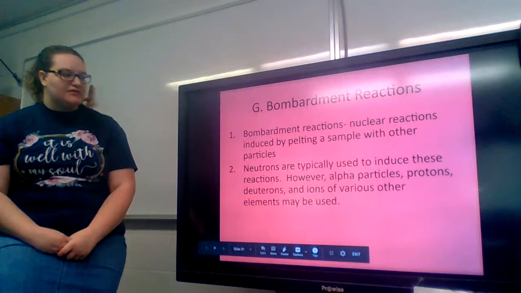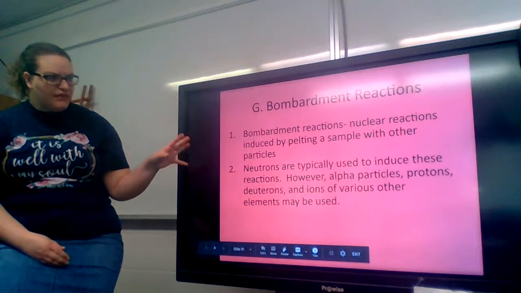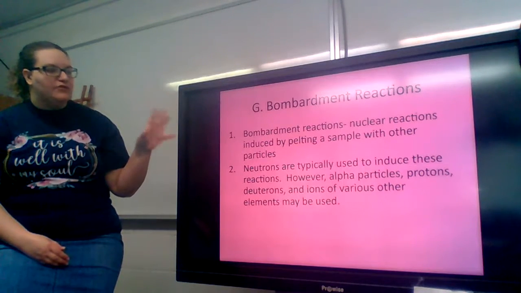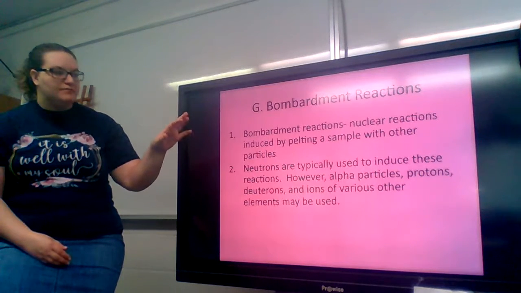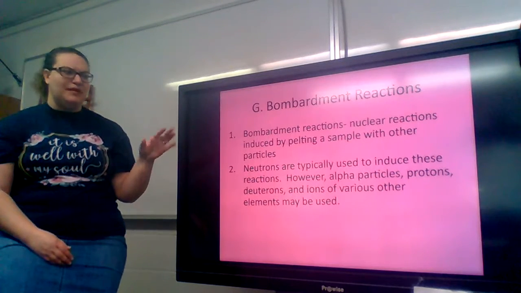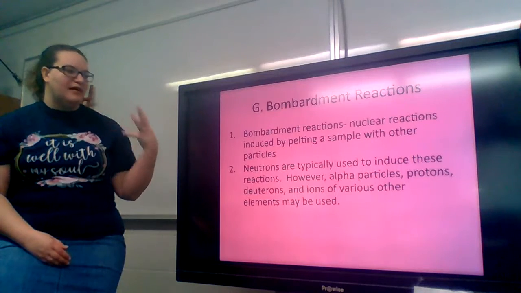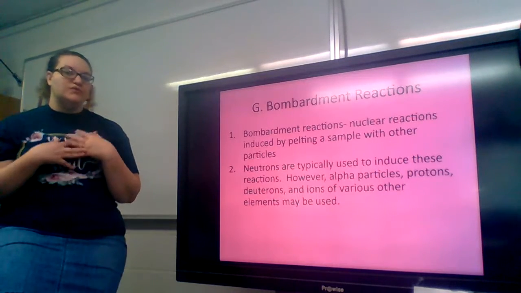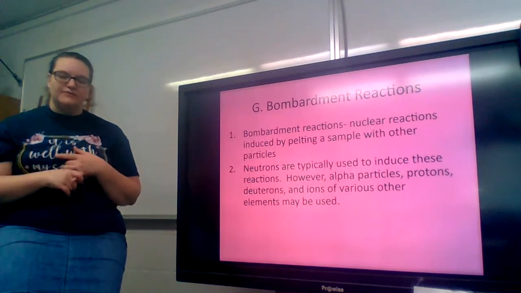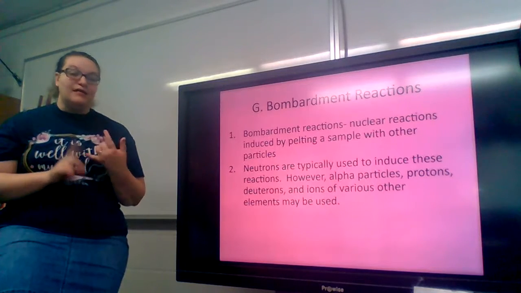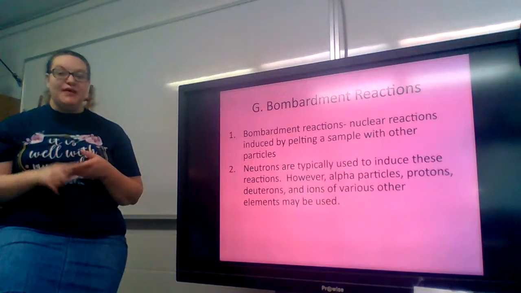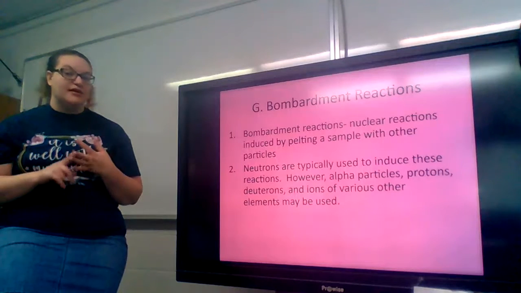The bombardment reaction. This is when nuclear reactions are induced by pelting a sample with other particles. Those particles can be electrons, protons, or neutrons, depending on what type of reaction you are trying to create.